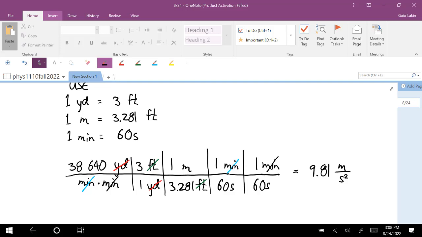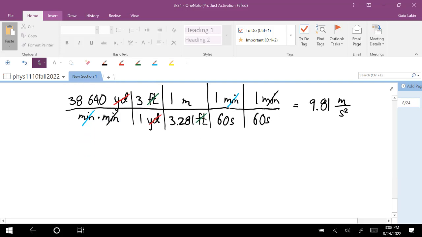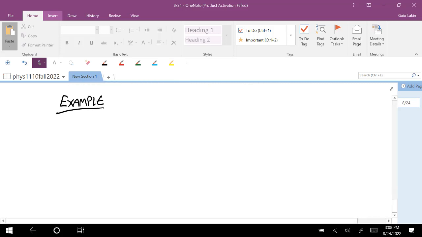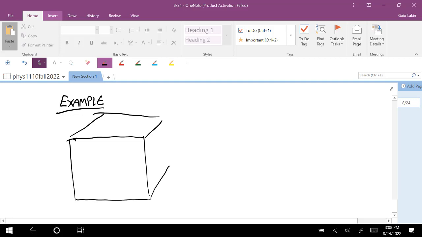I guess let me do one more example and then we'll call it a day. Okay, let's say that we have a block like this. Let's say it has hinge doors, so you can open it and fit stuff inside.